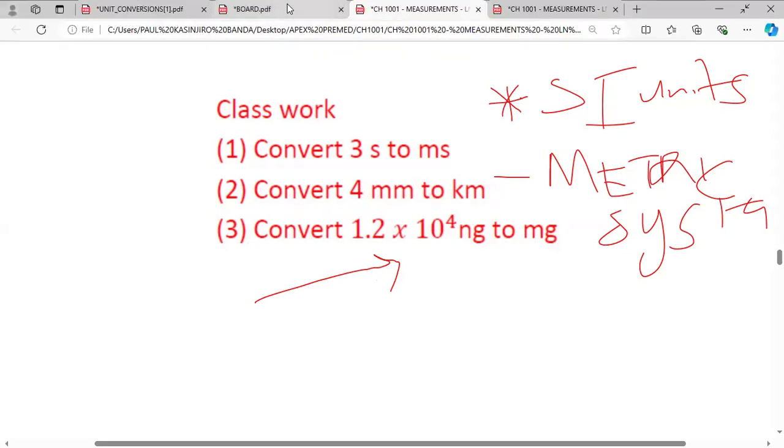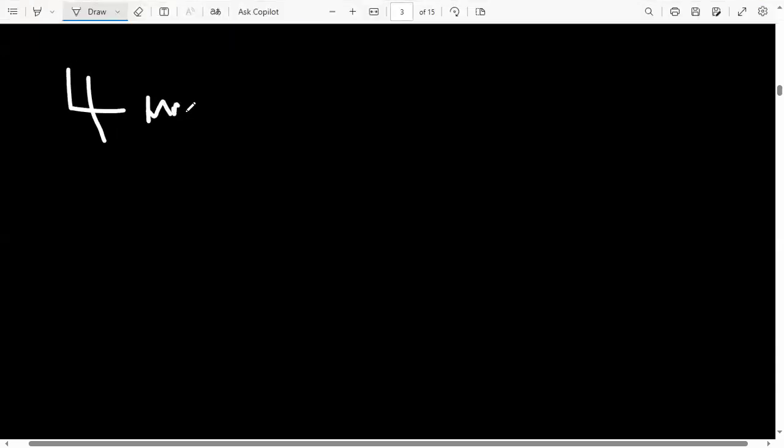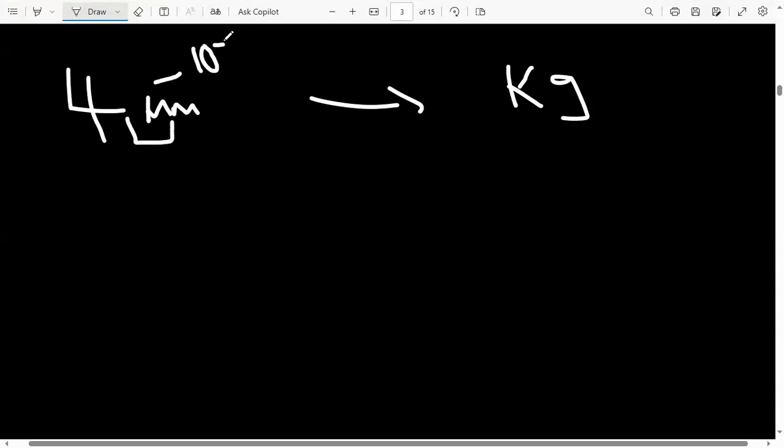So what are we going to do? From 4 millimeters, we are converting to kilometers. We see that this milli is a submultiple and it has a value of 10 to the power minus 3, and this kilo is a multiple because it is 10 to the power 3. So how can we convert from millimeters to kilometers?